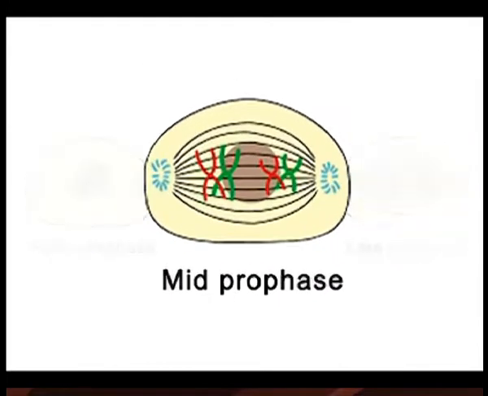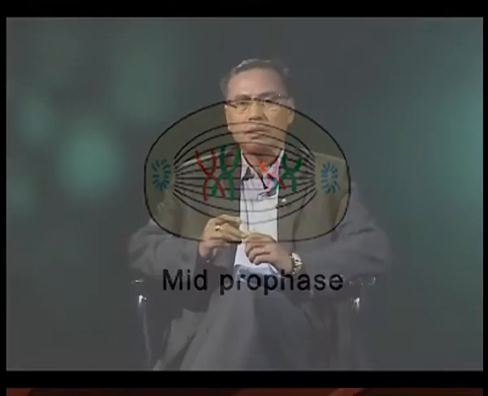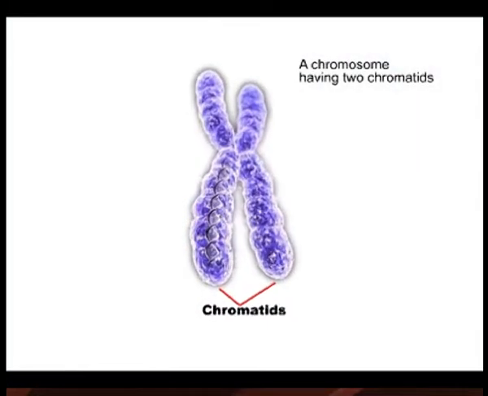Then mid prophase. The chromosomes shift toward the periphery or nuclear envelope, leaving a clear central area in the nucleus. At the same time, further condensation of chromosomes occurs, and each chromosome appears to consist of 2 chromatids.